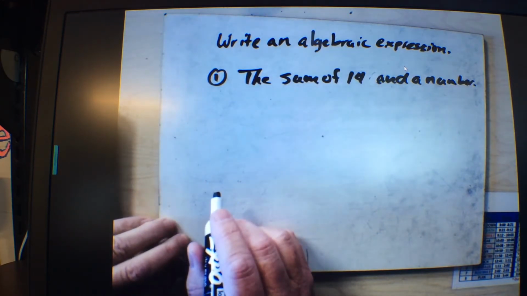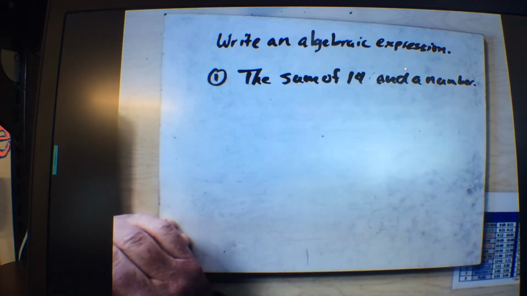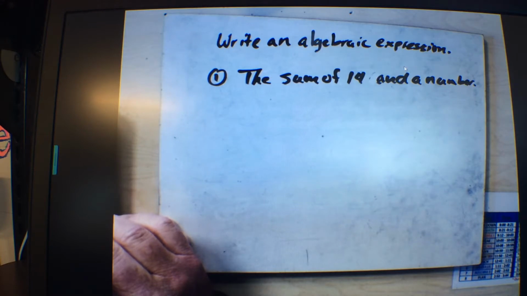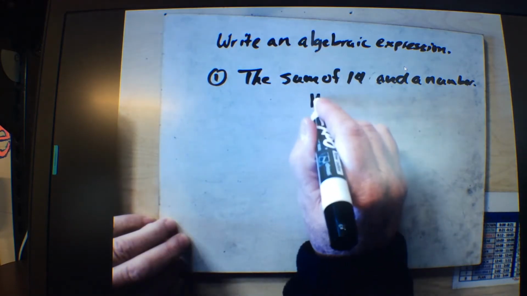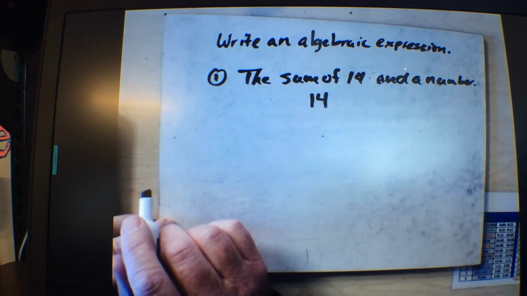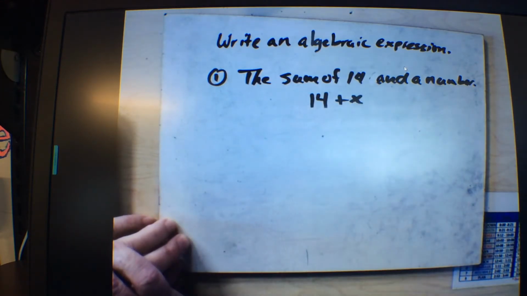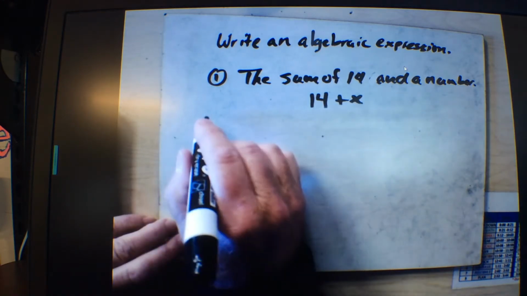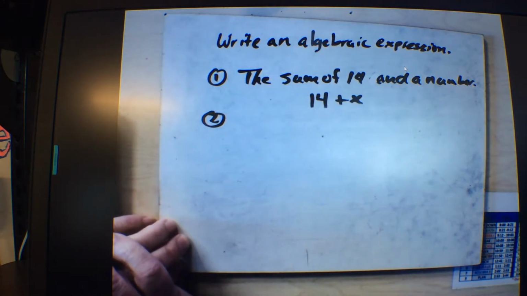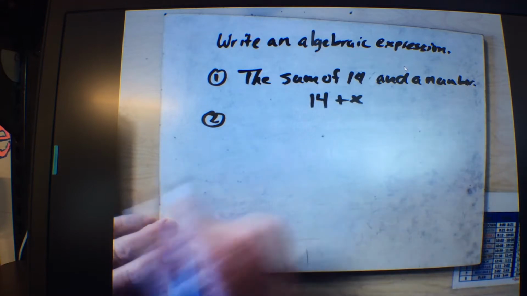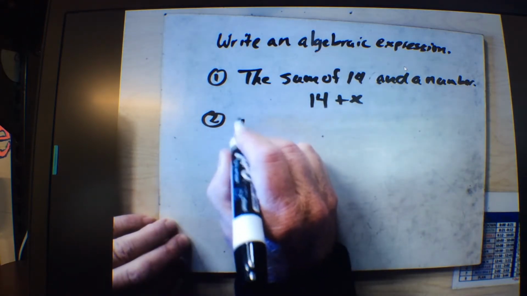All right, how would I write it in mathematical terms? 14 times x? Caden? 14 plus x. Okay, I'm going to come back to you. 14 plus x, isn't it? The sum. How would it be 14 times x? What word would I have used? Product. I use product, right, Chuck?